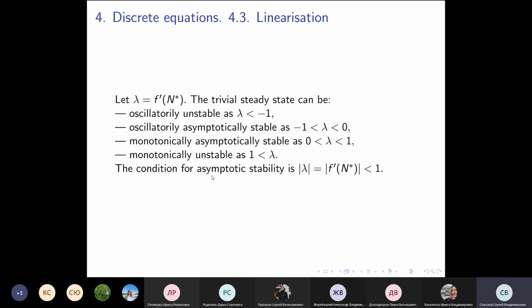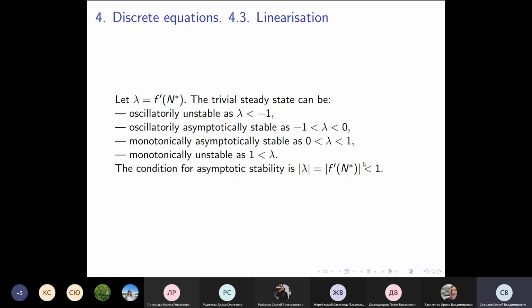So for our difference equations, the stability condition is that the absolute value of f prime at the equilibrium is less than 1. We can compare it with the condition for differential equations.